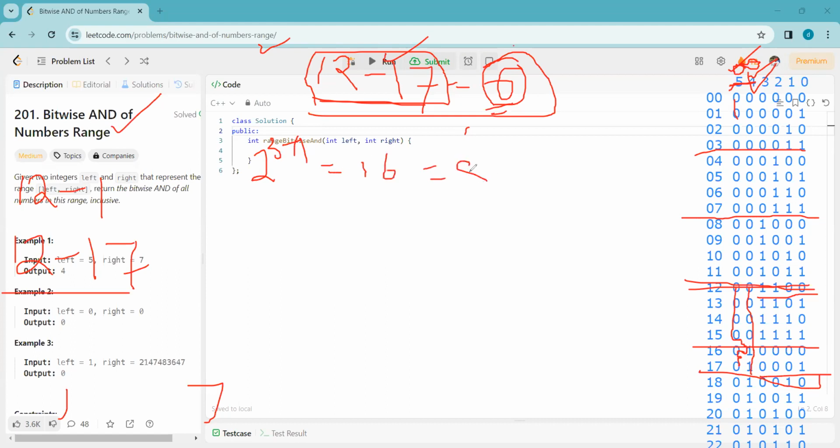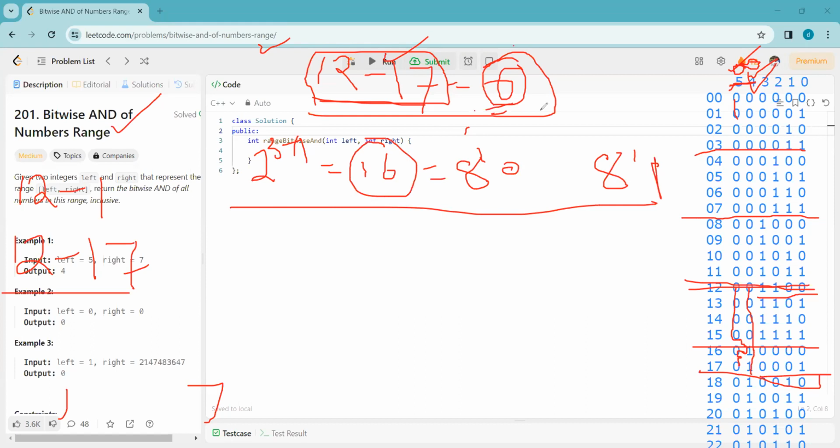That means the first 8 numbers will be 0 and the next 8 numbers will be ones. So it is 16, and our actual range is 6, which is less than 16. That means it may contain some zeros, some ones.